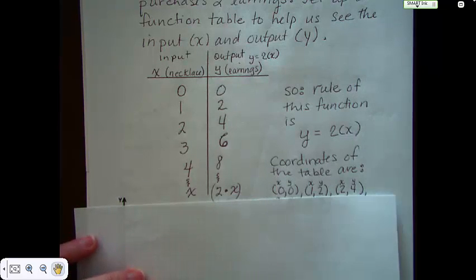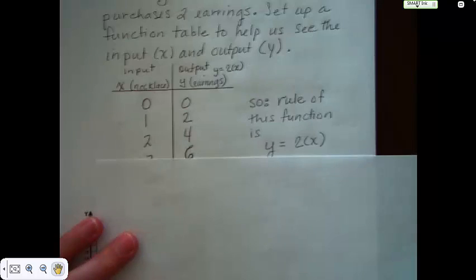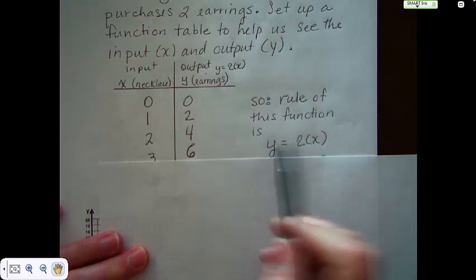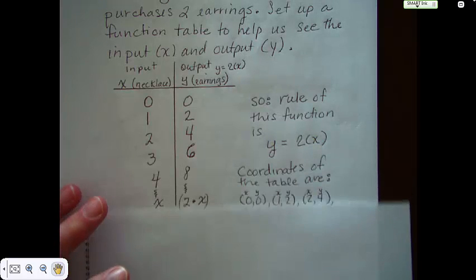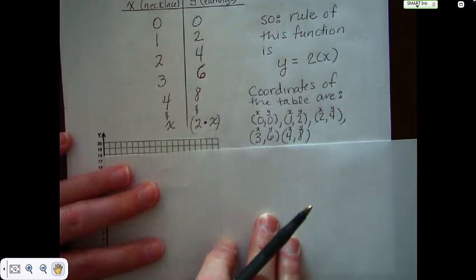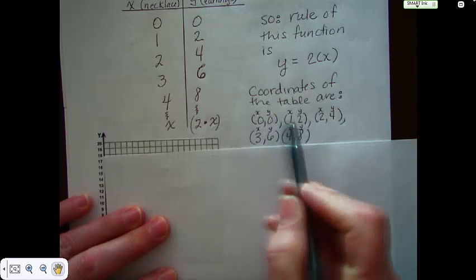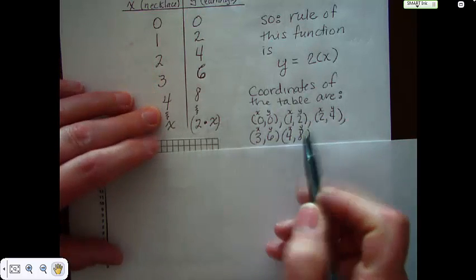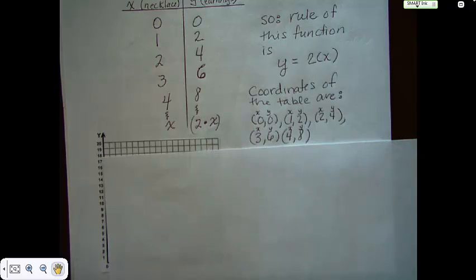So this function rule is y equals 2 times x. Whatever you have for x, you double it, and it becomes y. The coordinates of the table are, and you can see this if you just look at it, you've got 0, 0, 1, 2, 2, 4, 3, 6, 4, 8, on and on and on.